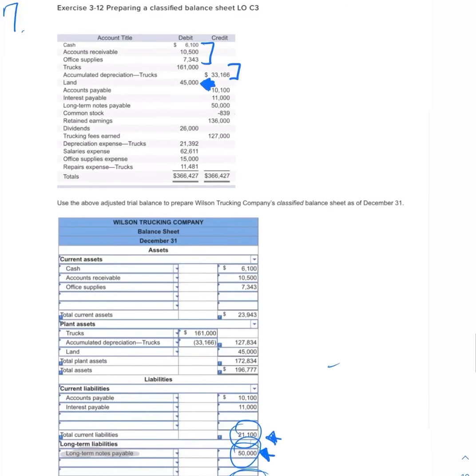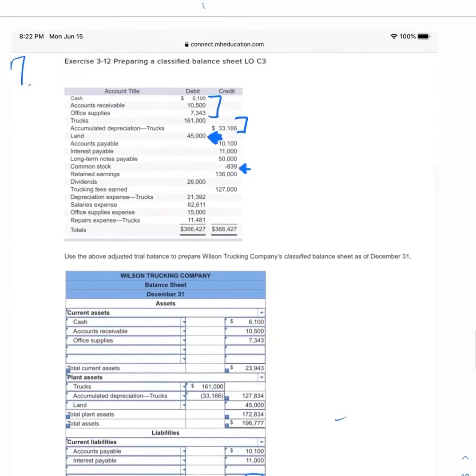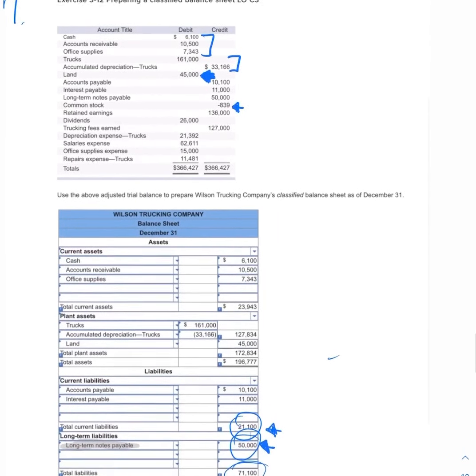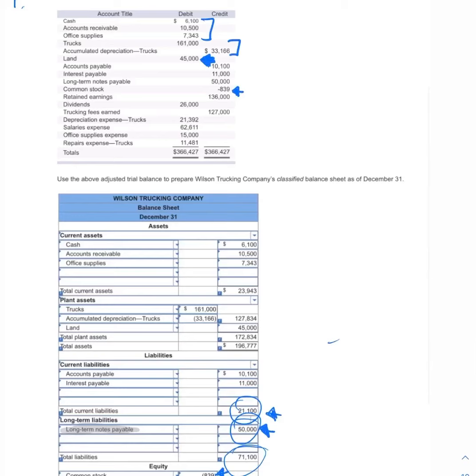They actually show it right there, negative 839. So you're just going to pull that through right there. Next, retained earnings is 125,677. So 125,677 is going to be our total equity.